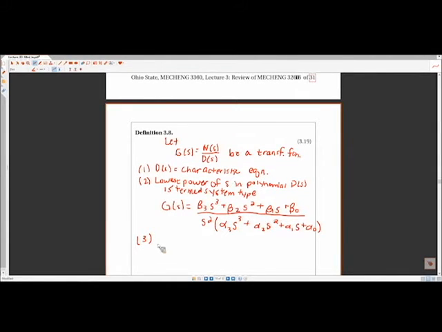we're going to define something called how proper a transfer function is.